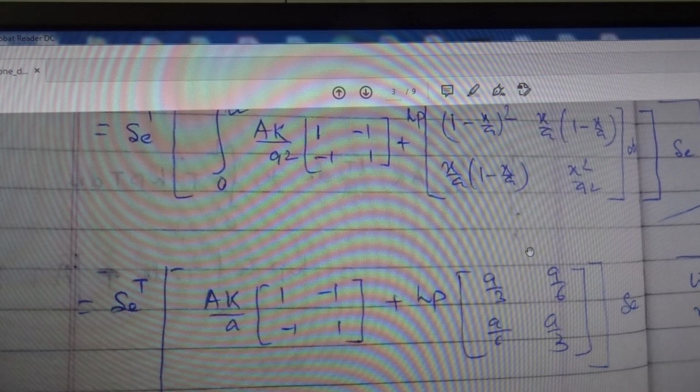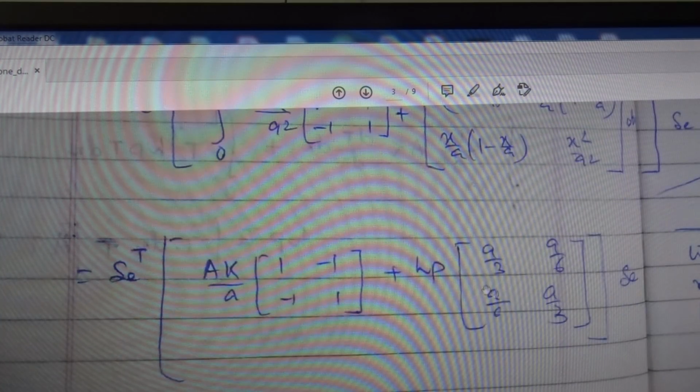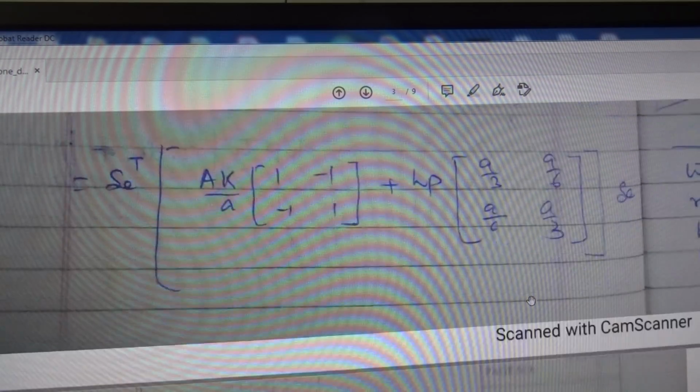It is just like the matrix we obtain as the mass matrix, but here you have to multiply by hP in this case. So this gives the stiffness matrix.